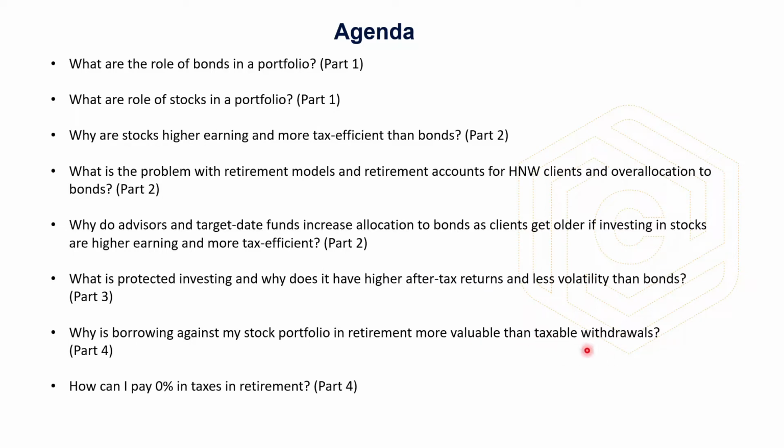And then when you take taxable withdrawals, it really creates a lot of drag, as we'll be seeing in our case example. So using a pure stock portfolio and borrowing against it for your withdrawals in retirement can generate a lot more wealth for you in retirement, generates a lot more wealth for your beneficiaries after you pass on, and reduces the overall tax drag of the portfolio.